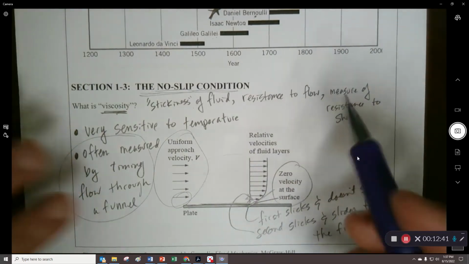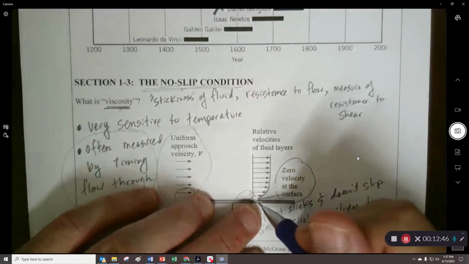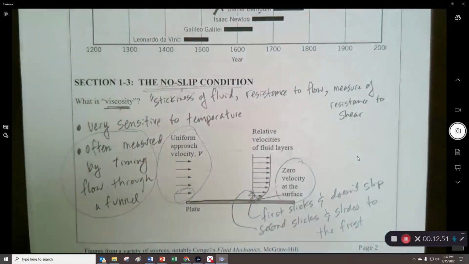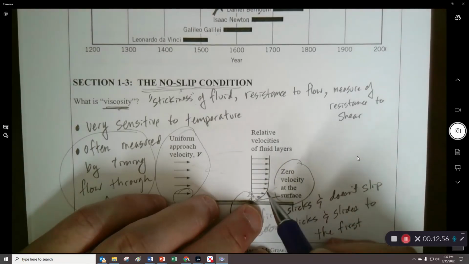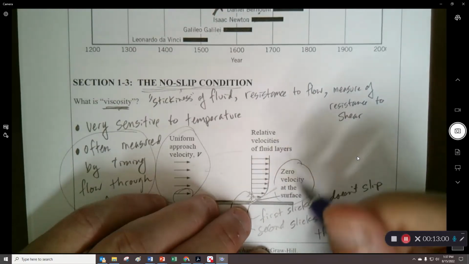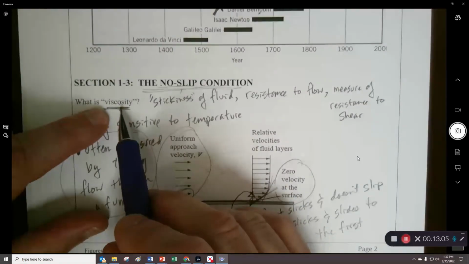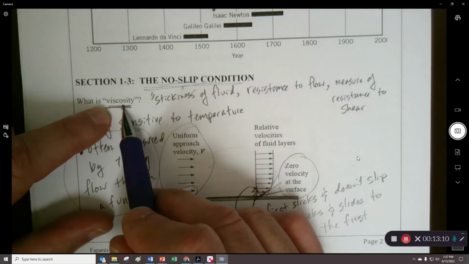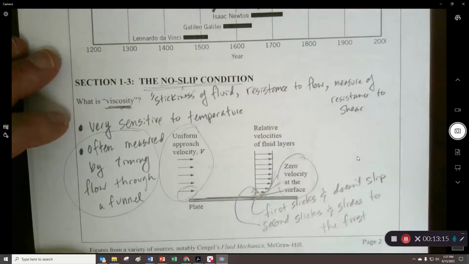You'll see that because we start out at 0 here because of the no-slip condition, and then the next, like different layers of molecules as they're slipping across each other, they're going to create what we call a velocity profile. And the slope of this velocity profile, and it depends where you are on it, is the technical measure of viscosity. And we're going to cover this again, so we don't need to know all of that right here. But this is like an introduction, so that there'll be some familiarity with it later on.